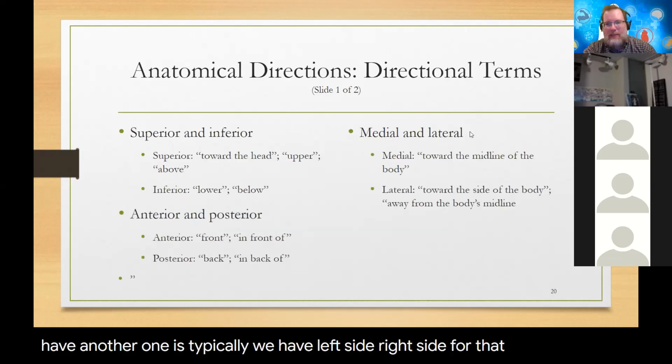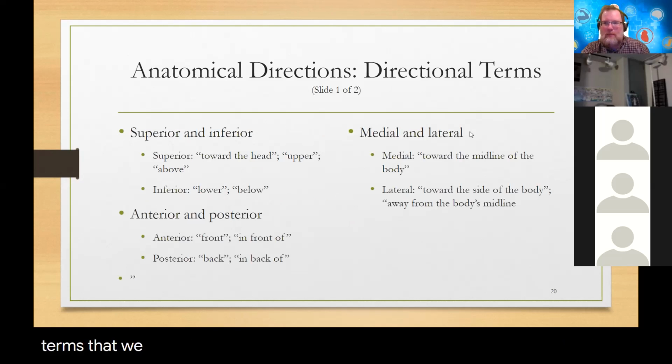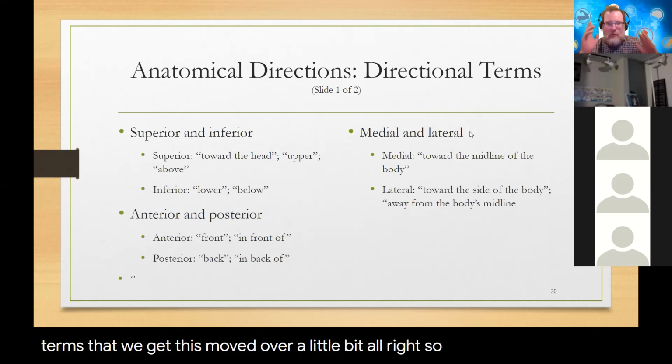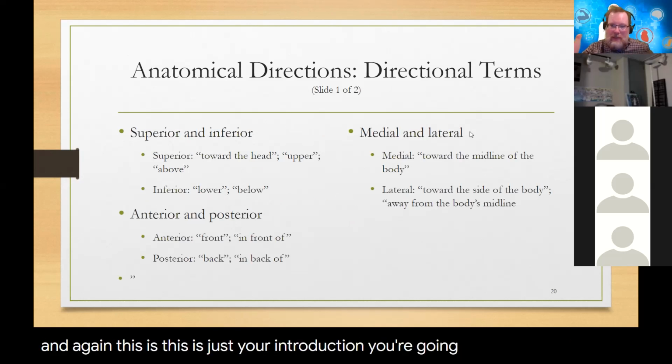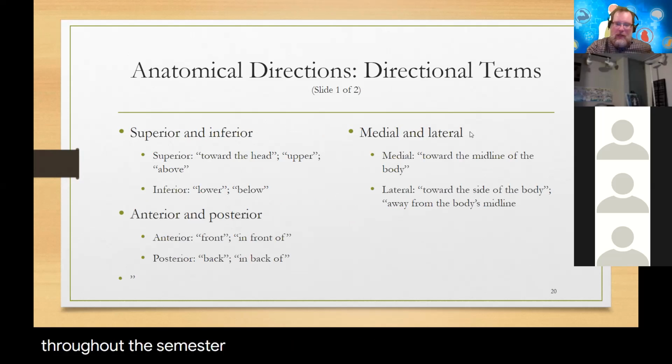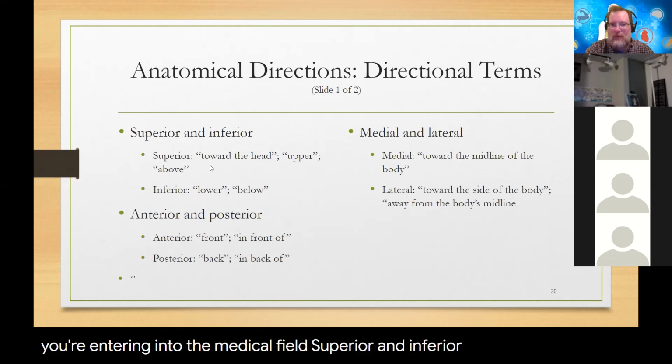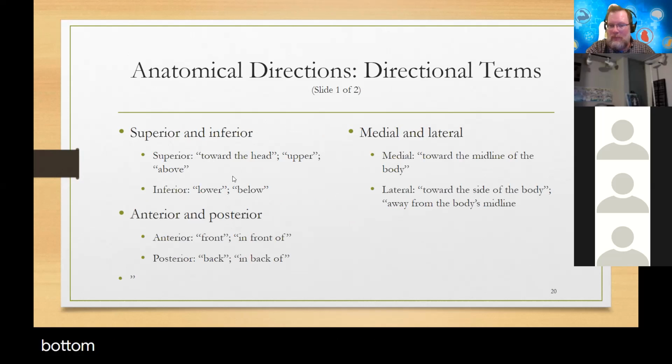Okay, a couple of anatomical terms. Let me get this moved over a little bit. All right, so some directional terms, and again, this is just your introduction. You're going to see these terms throughout the semester and really throughout your lives as you're entering into the medical field. Superior and inferior, dealing with top and bottom.